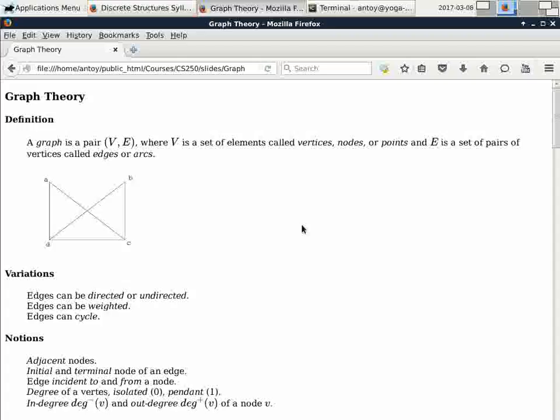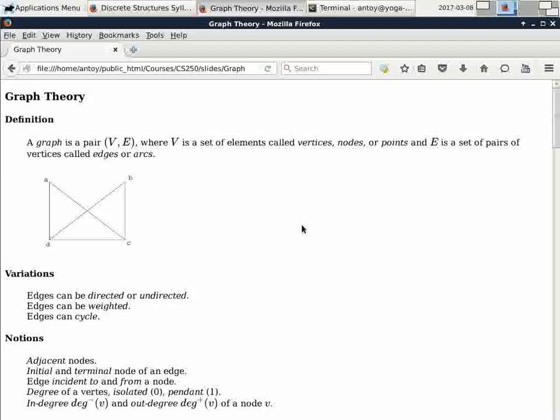Edges conceptually represent the connection of two nodes, and we can represent them in a slightly different way depending on the graph. Some graphs are directed. So when we talk about the connection of two nodes, the connection is one way, like a one-way street. In some other cases, two ways.